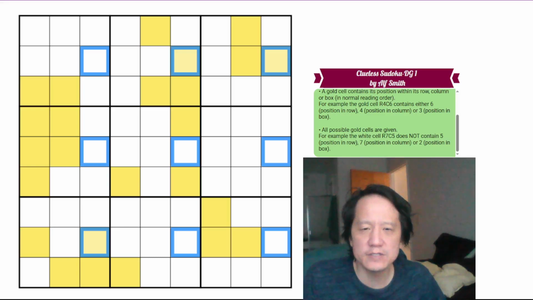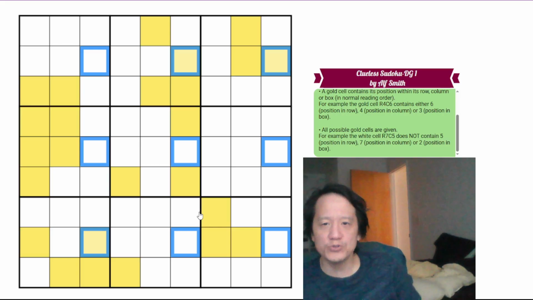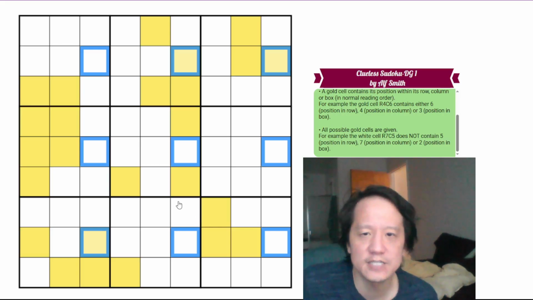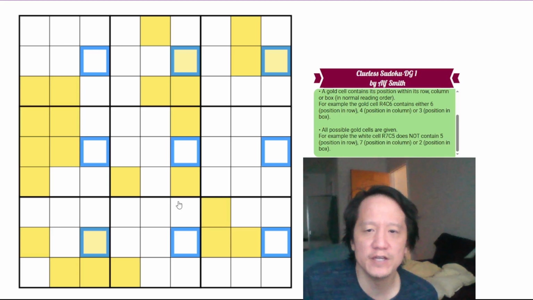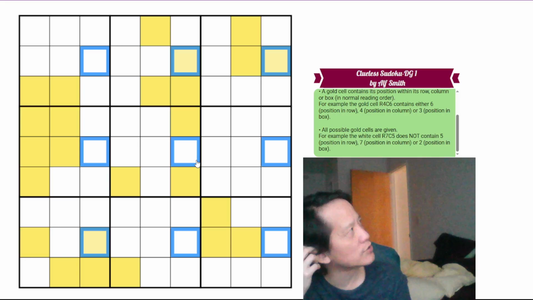Also, this rule is a new one for me. A gold cell contains its position within its row, column, or box in normal reading order. Okay, it's not completely different than what I've done before, but it's usually not colored gold. What is it usually shown as?